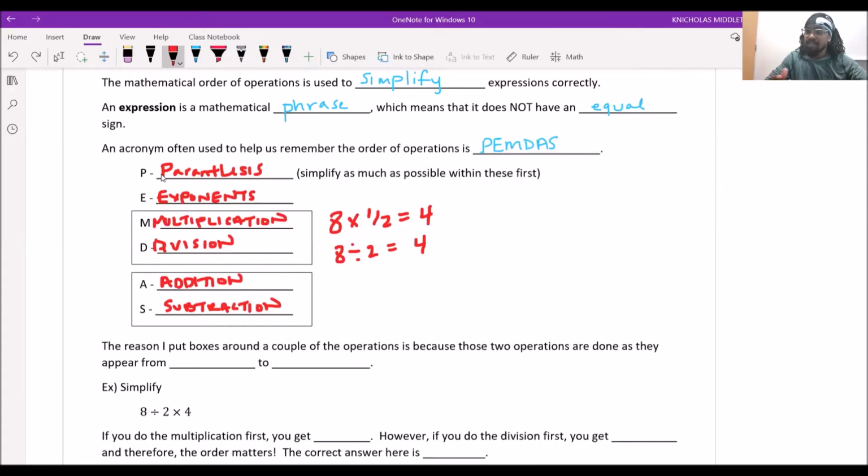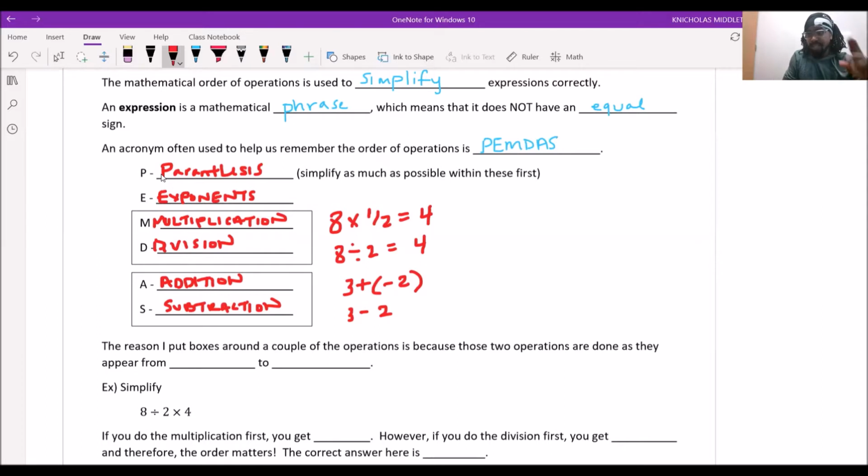Whichever I ask first, left to right, is the one that should be done first in order to simplify correctly. Same with addition and subtraction, which is a little bit easier to see. If I said 3 plus -2, that's the same as saying 3 minus 2. So addition and subtraction can be written the same.